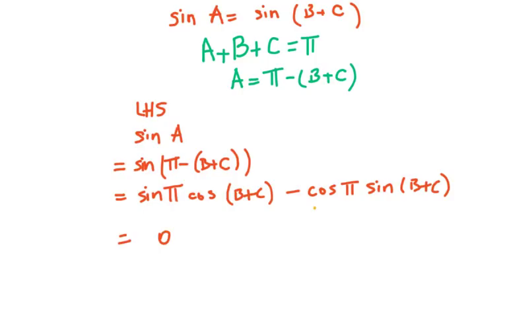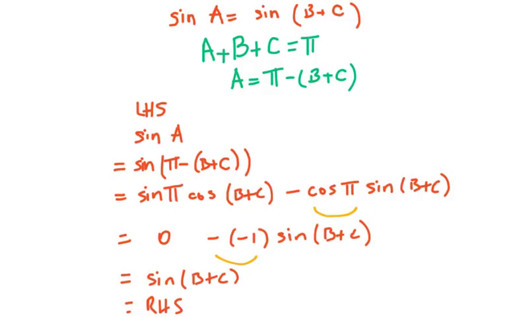Also, cos of pi is negative 1, times the sine of B plus C. And negative 1 times negative 1 is going to give me positive 1. So my result is sine of B plus C, which is equal to my right-hand side. So we've shown that sine of A is equal to sine of B plus C.